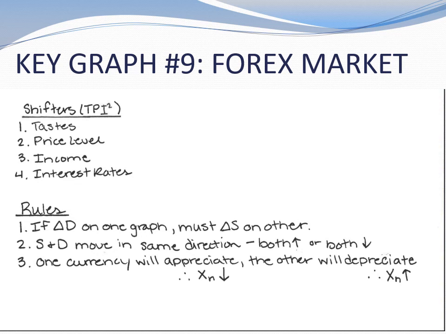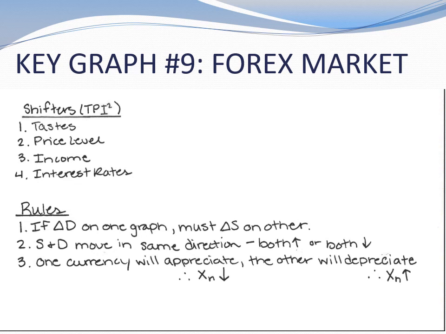If conversely, more people want Apple products, then they're going to need to exchange their foreign currency for US dollars. So changes in demand of certain products can change the demand of certain foreign currencies.